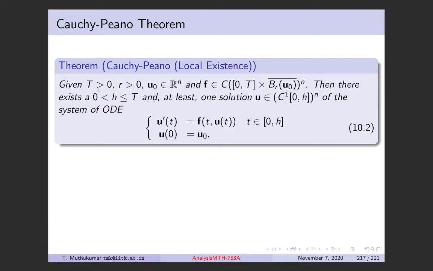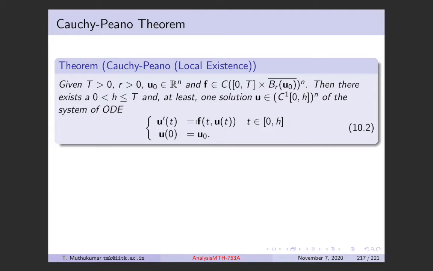That means you started with a capital T like previously, but there exists a little h such that there is at least one solution, right? There can be more than one. So there is at least one solution, and that solution is a local solution. That is, it satisfies the IVP in (0, h), not in the full domain, but there is some h such that in that region it satisfies the IVP. So it's a local existence. So this is the Cauchy-Peano theorem.